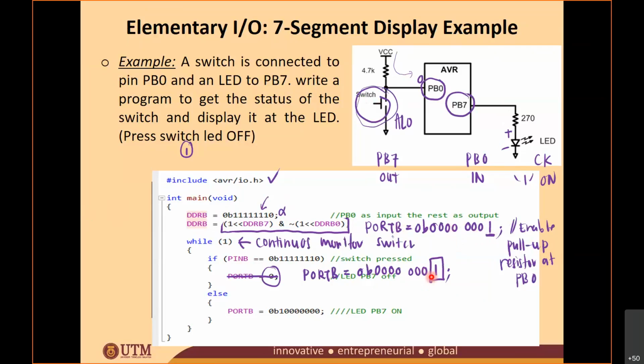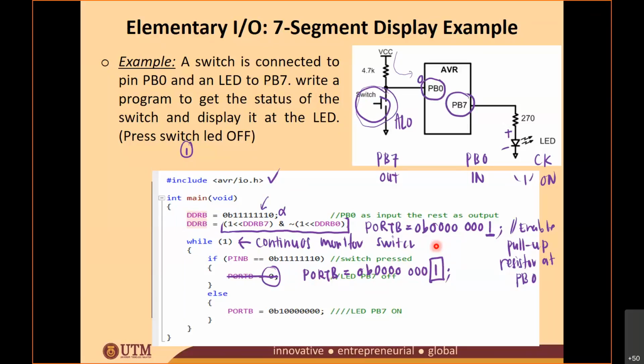If I put 0, if I write PORTB equal to 0, my pull up resistor for PB0 is disabled, which is wrong. I don't want to disable my pull up resistor. My pull up resistor always needs to be enabled at all times. So that's why instead of writing that, I change my PORTB instruction to 0B00001, so that my pull up resistor at PB0 is always enabled.